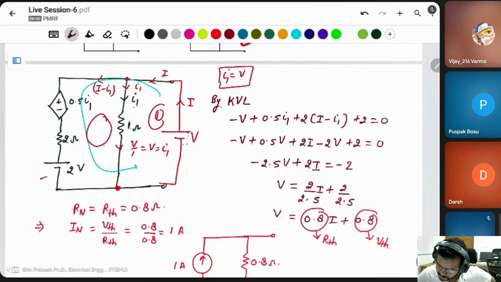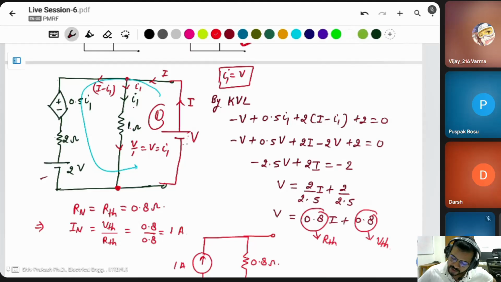V is equal to 2 by 2.5 I plus 2 by 2.5, then V is equal to 0.8 I plus 0.8. This is the RTH, this is the VTH.